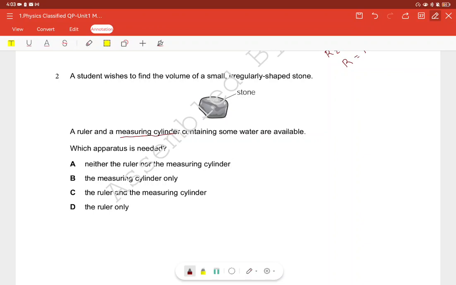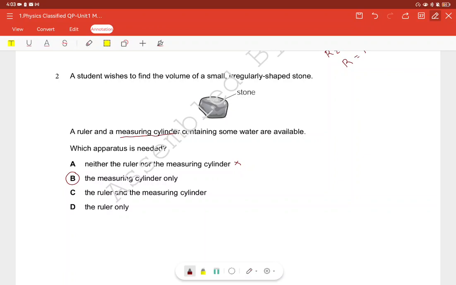Number A says neither the ruler nor the measuring cylinder. Of course, we need one of them, so this one is wrong. The measuring cylinder only, the ruler and the measuring cylinder, the ruler only. We don't need the ruler, so it's going to be number B, which is the measuring cylinder only.